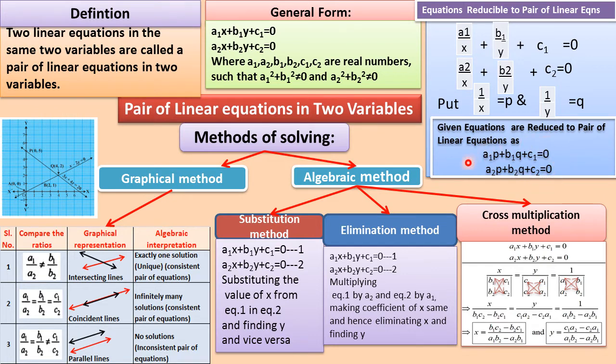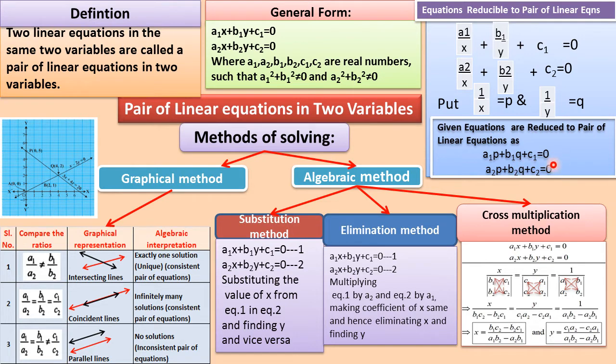Once it is in the form of linear equations, I will get a pair of linear equations, because the given equation was not in the linear form. So I can convert this by substituting 1 by x as p and 1 by y as q in the given equation like this.